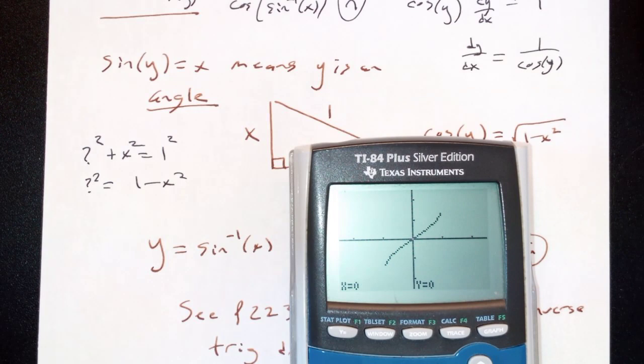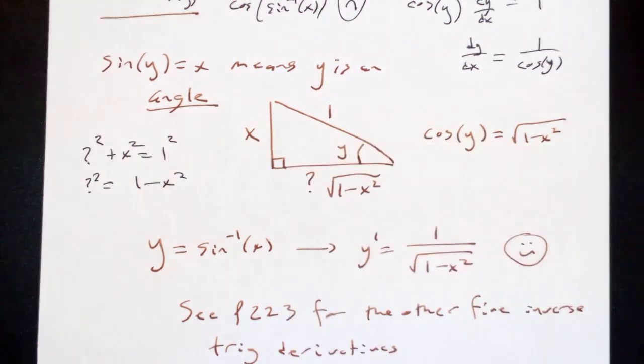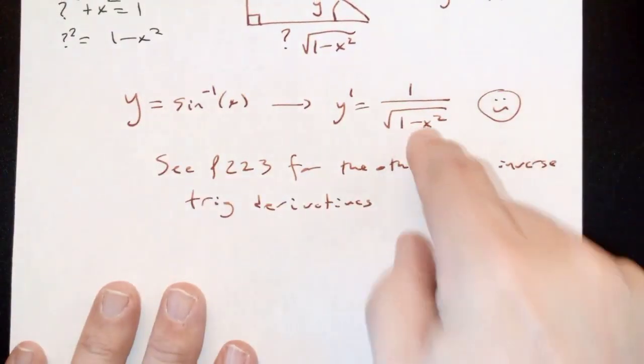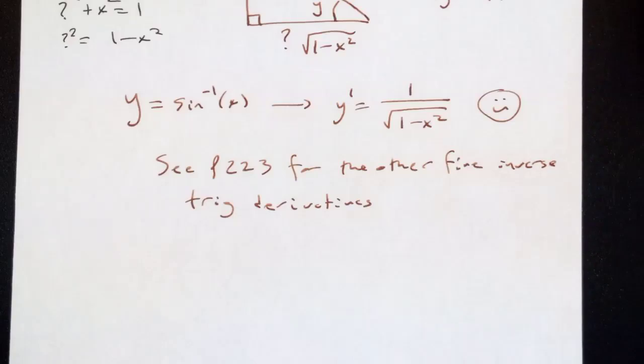And the output is between -π/2 and π/2. But as you get to the end, you're either going straight down or straight up. You have a line whose slope is undefined. 1 over 0 was undefined. You have a vertical tangent line. So this jives with our answer here in terms of the way we think of derivatives as slopes of tangent lines. Questions?